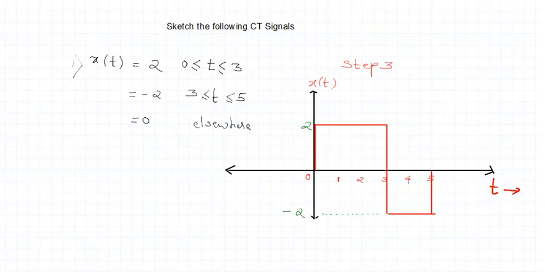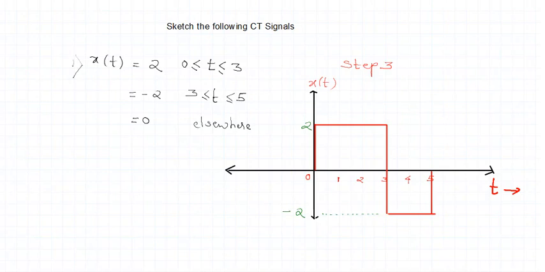Without the magnitude, the signal has no meaning. Listen friends, without magnitude, the signal has no meaning. So if you just plot the signal and miss the magnitudes, you are not going to get any marks, right? Because the signal has no meaning without magnitude. So putting magnitude is a very essential step whenever you sketch signals.